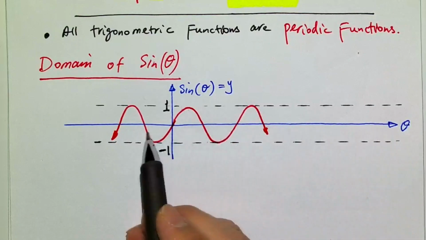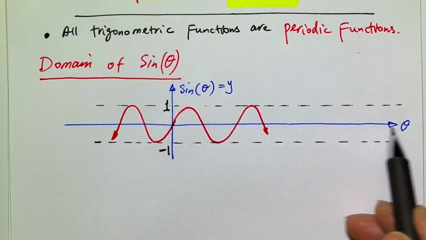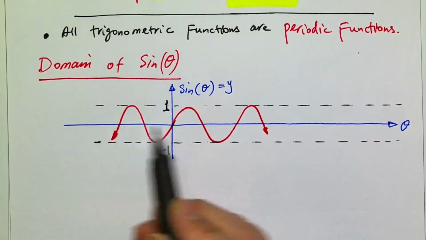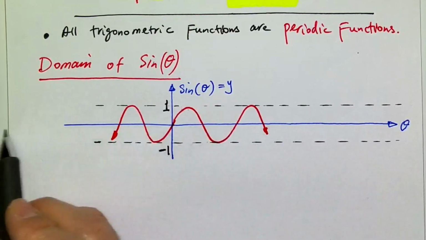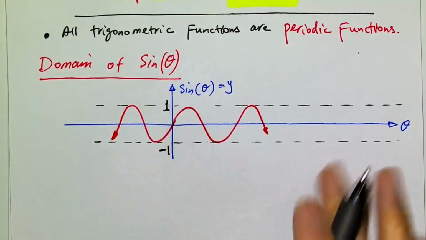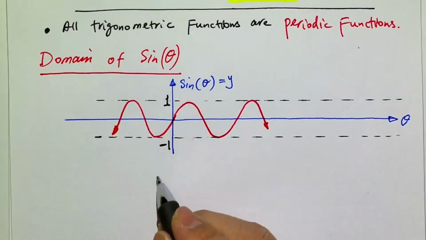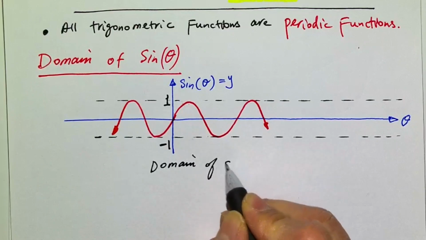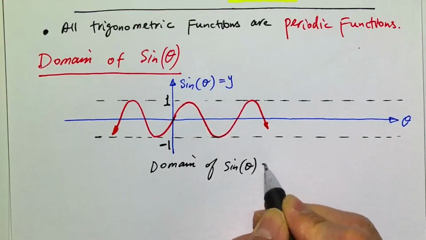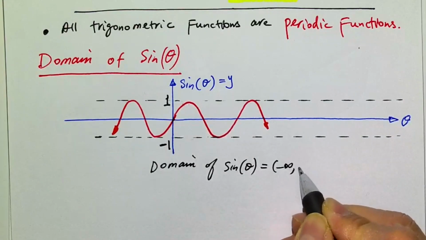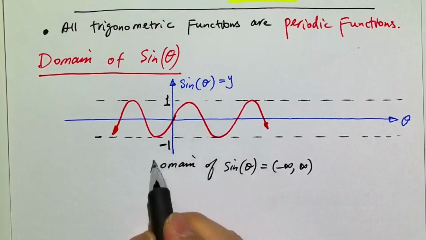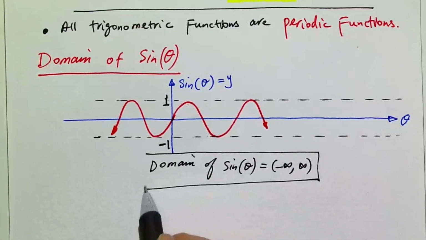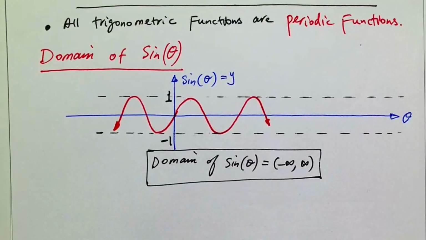And look at the domain. The domain has no restriction, right? It'll go from negative infinity to infinity. So the domain of sine of theta is equal to negative infinity to infinity, and we want to remember that.